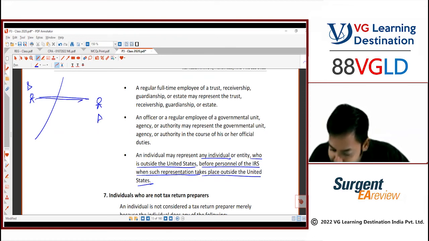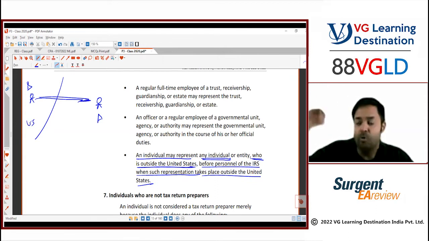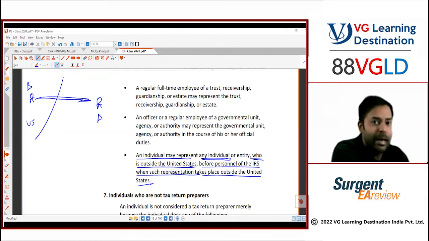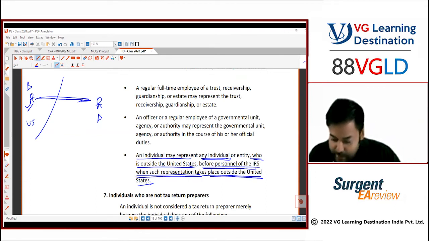If someone is outside the US, you can appoint anyone, and that person will represent you before the personnel of the IRS. Such representation takes place outside the US only in this case.